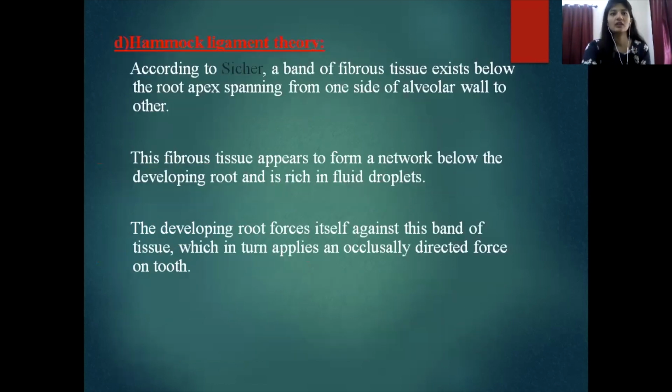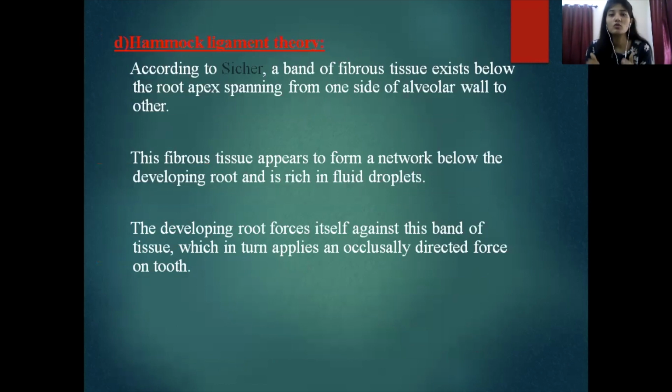The fourth theory is the hammock ligament theory, given by Scher. He said that a band of fibrous tissue exists below the root apex, spanning from one side of the alveolar wall to the other. This fibrous tissue appears to form a network below the developing root, which is rich in fluid droplets.